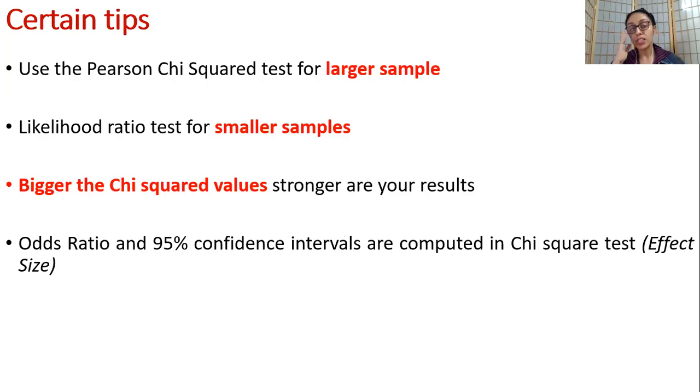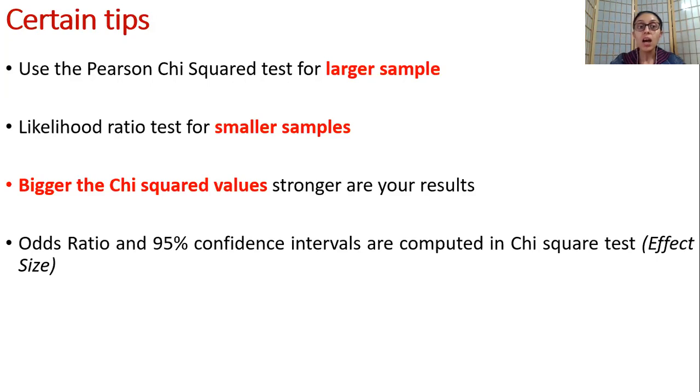Now, this is an indicator of effect size as well. Odds ratios and 95% confidence interval. You know how I taught you last week the concept of dispersion? When you have a narrower confidence interval, better is the result. When you have a broader confidence interval, poorer is the result, meaning low effect size. Narrow, strong effect size, meaning greater variance explained. So now you know the concept of effect size, meaning that the IV is explaining a lot of variance of the DV, which is what I started with when I started this tutorial, to explain the concept of variance.